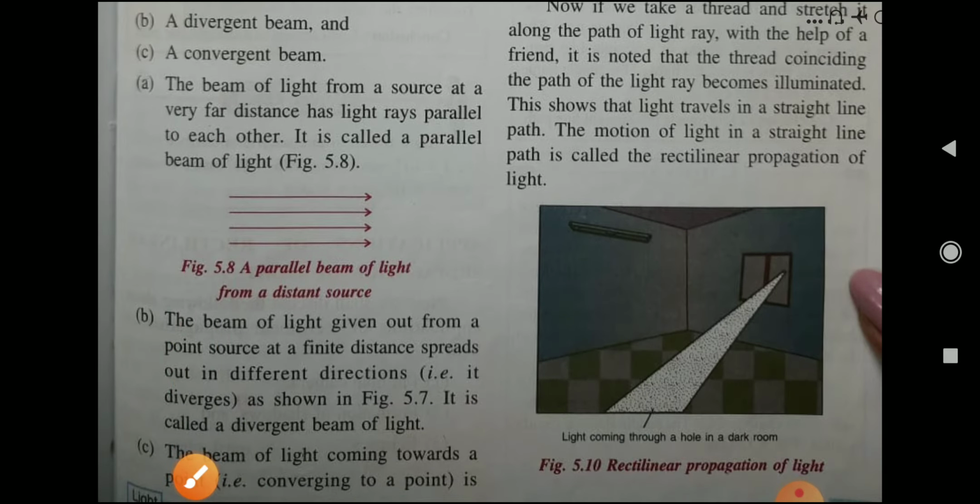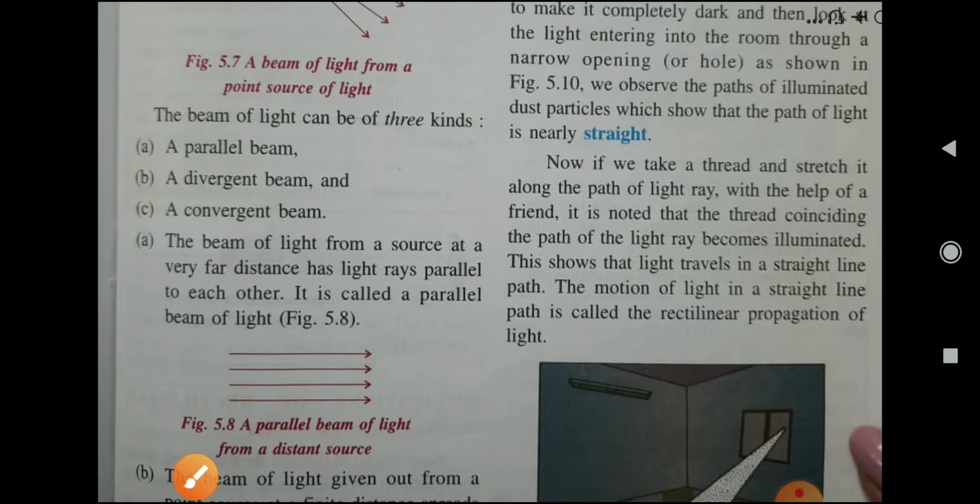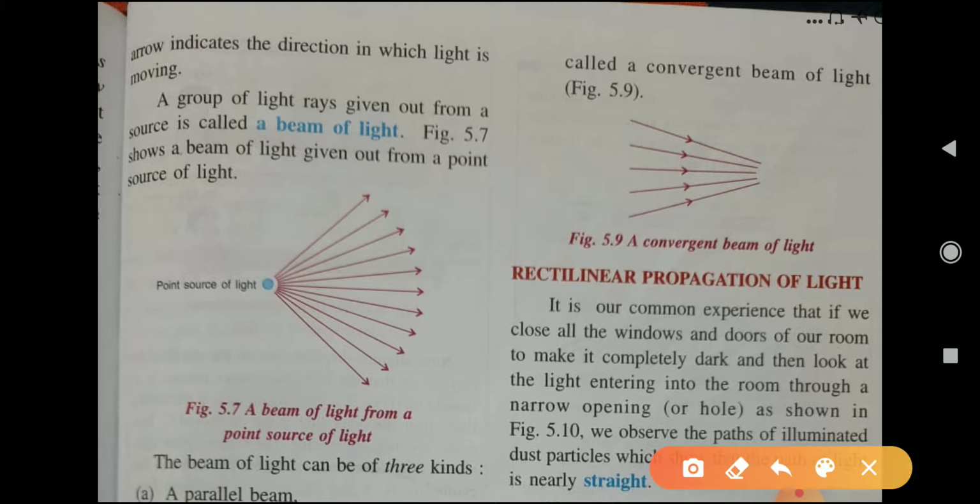When the beam of light is spread out in different directions, that is known as a divergent beam of light. Now a beam of light coming towards a point is called a convergent beam of light. Meaning all these rays of light, that is a beam of light, come to a point, and that is known as a convergent beam of light.